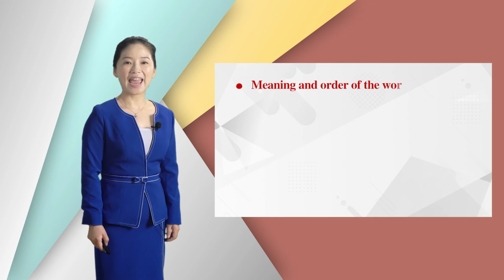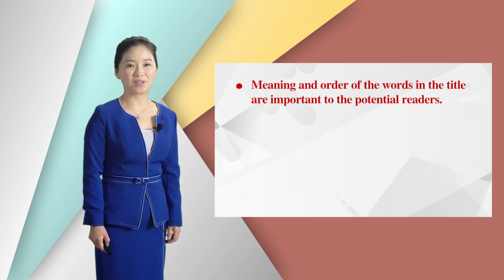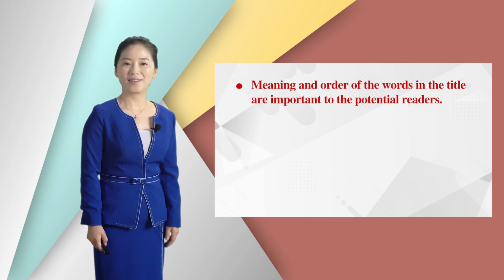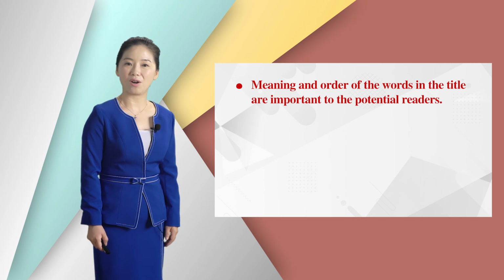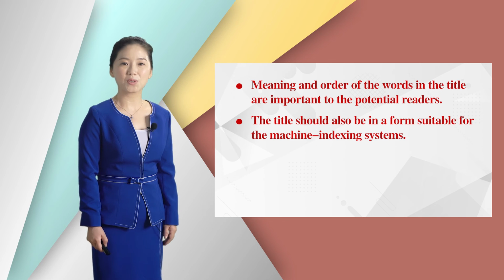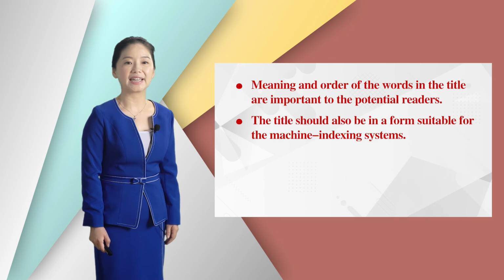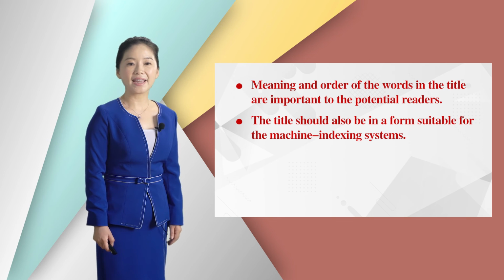The meaning and order of the words in the title are important to potential readers when they go through the journal table of contents. As the label accompanying the paper itself, the title should also be in a form suitable for the machine indexing systems used by Chemical Abstracts, Medline, and others.